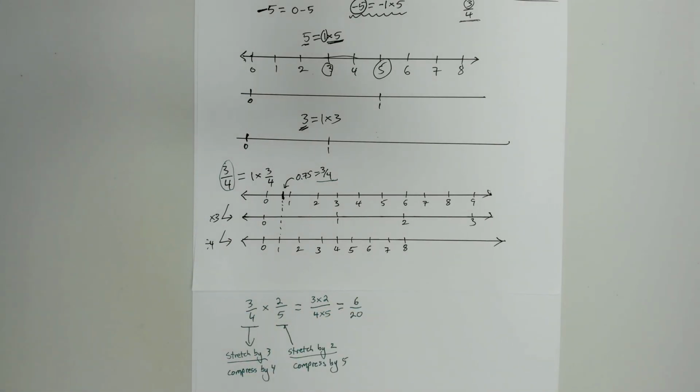So I hope these ideas made sense to you. You might be still kind of wondering, okay, well, what's really the point in doing all of these different perspectives on fraction multiplication? I can see what he's doing. It's maybe some nice visuals, but how is this going to help me? The point of me bringing this up isn't so that this is how you're going to do your calculations. Obviously, when you're doing 3/4 times 2/5, you're just going to multiply straight across, right? Numerator times numerator, denominator times denominator.